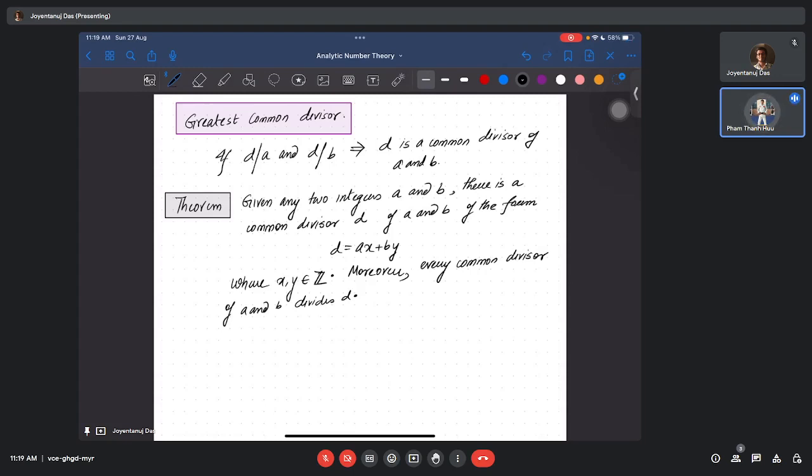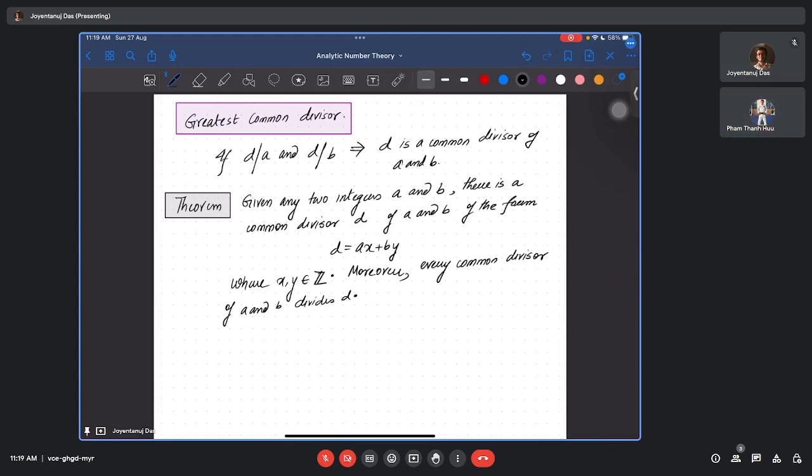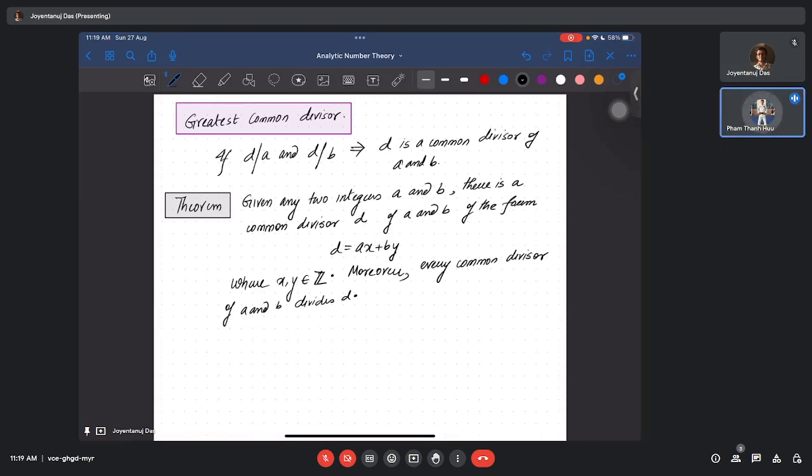Moreover, every common divisor of a and b divides d. That will come, but we have to prove it. We can see an example first.